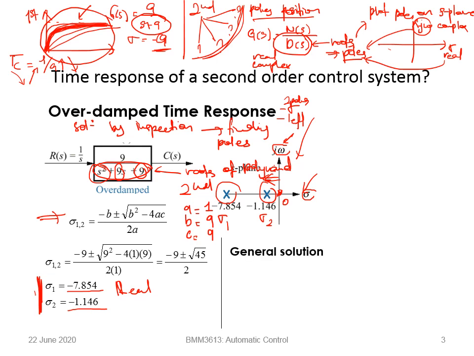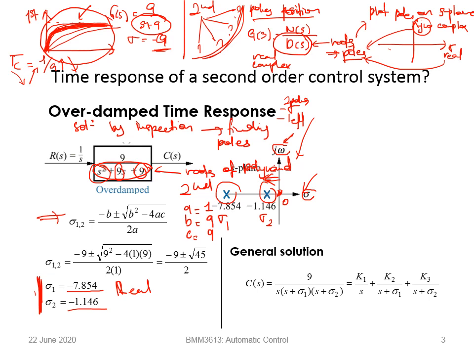So the next thing that we would do is to find the general solution. So it's solution by inspection. In the general solution, to find the time response we basically do the partial fraction, right?